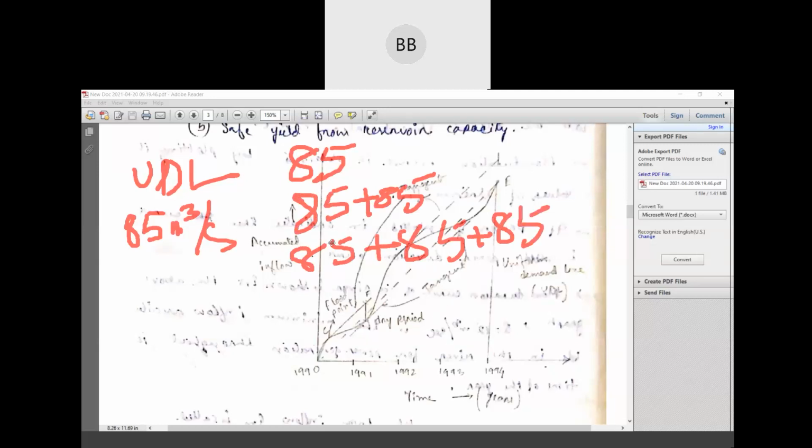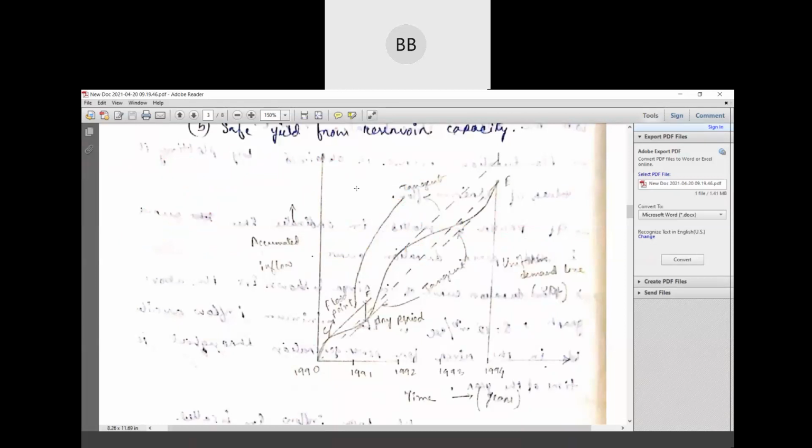As you are continuously rising by the same amount, if you plot that UDL, it gives us a straight dotted line.